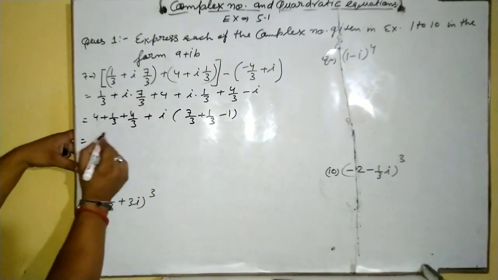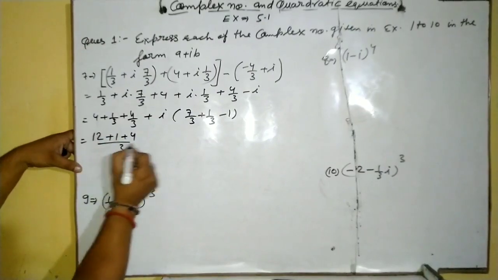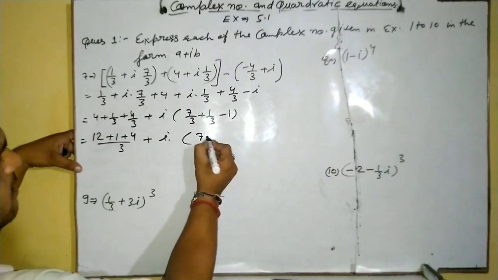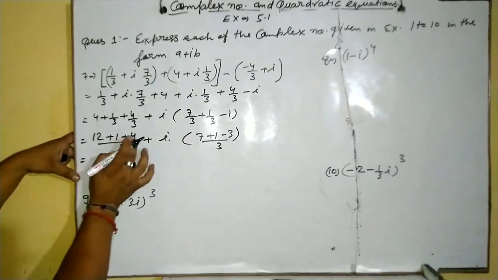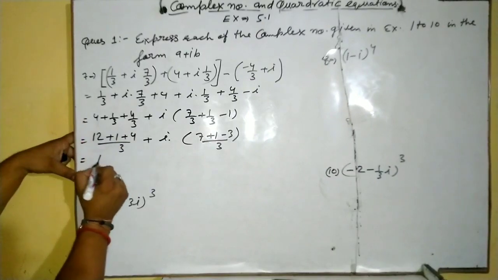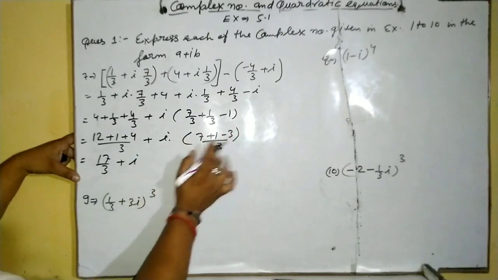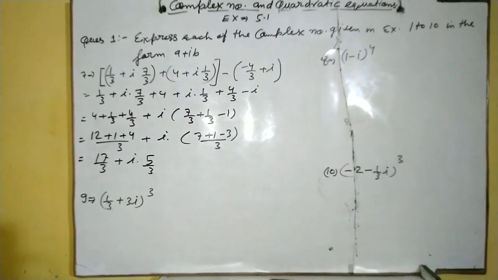Just take LCM: 3 fours are 12 plus 1 plus 4 by 3, and for iota here also 3, so 7 plus 1 minus 3 upon 3. So 12, 4 is 16, 1 is 17. This will be 17 by 3. For iota, 7 plus 1 is 8, minus 3 makes 5. This will be 5 by 3 i. So this is a plus ib form.